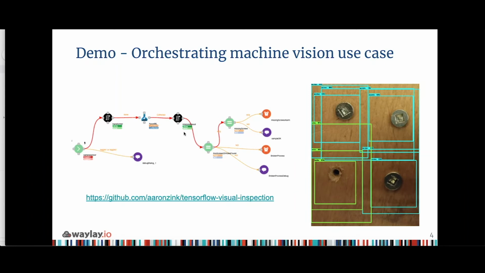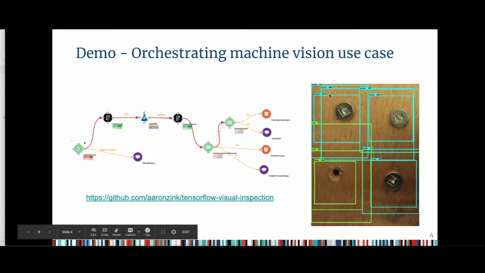What does the algorithm output? It outputs what you see here on this picture. On one hand, it outputs bounding boxes. You see the different rectangular boxes here, which identify the location of a screw or a hole.